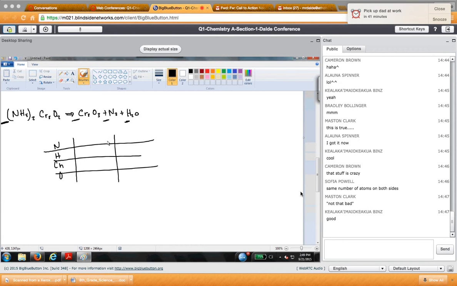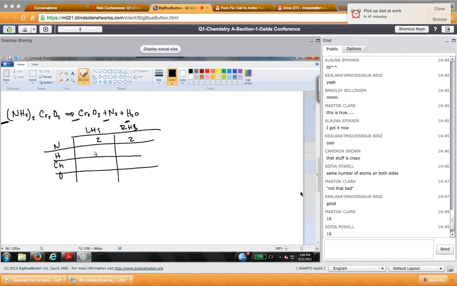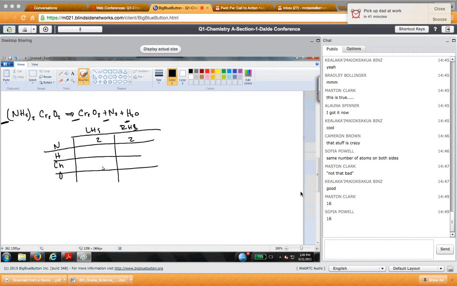Perfect. We'll call this the left-hand side and this the right-hand side. On the right-hand side, how much do I have? 2. Good. Awesome. On the left-hand side, how many hydrogens do I have? 8. How many hydrogens do I have on the right-hand side? 2. Yes, exactly.